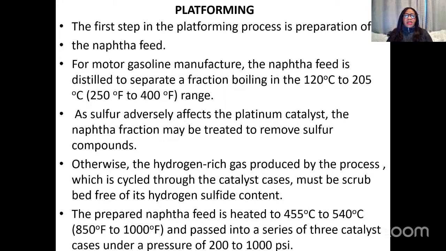That's the preparation. So the prepared naphtha feed is heated to between 455 and 540 degrees centigrade, and then it is passed into a series of 3 catalyst cases under a pressure of 200 to 1,000 pounds per square inch.